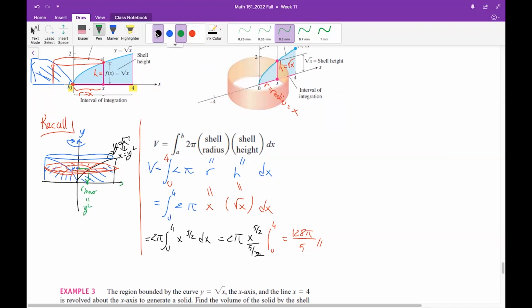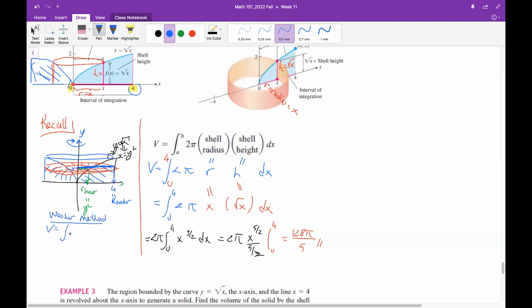And the outer radius, let's try to see the outer radius. This is the center of your ring, and from here to here, this blue line gives you the outer radius, and it is always fixed at 4, you see? So this point is your outer radius, which is always the same, it is 4. So now I am ready to express the volume by using the washer method.